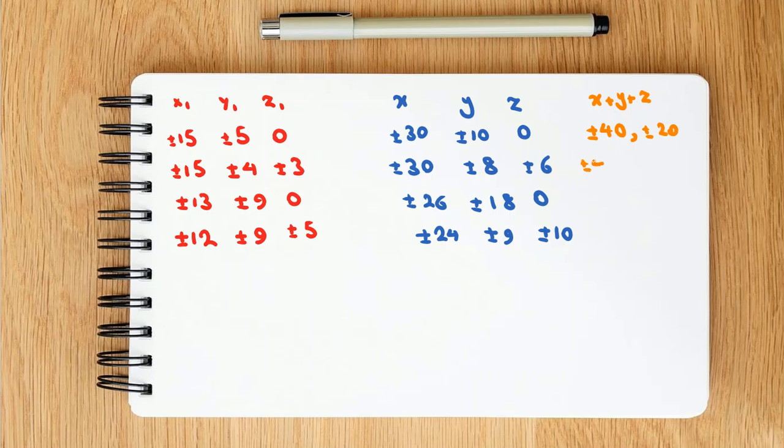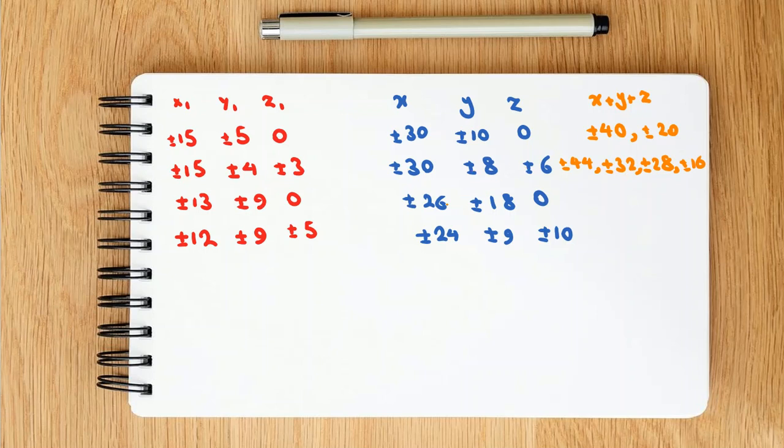So it will be plus minus 44. 30 plus 8, 38, minus 6, 32, plus minus 32. 30 plus 6 minus 8, it will be 36 minus 8, 28, plus minus 28. And the last one, let's see, 30 minus 8 minus 6. 30 minus 14 will be 16. So plus minus 16, and we have 8 answers. 2 cases, 2 cases, 2 cases, 8 answers.